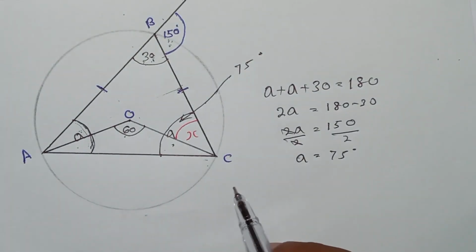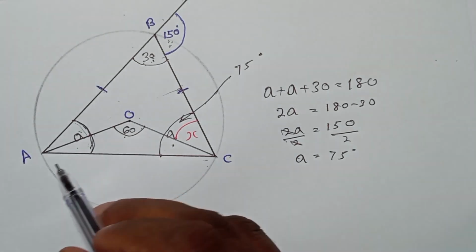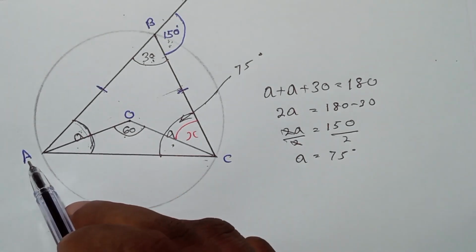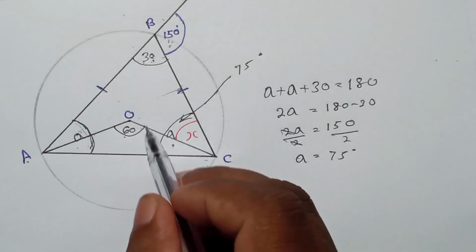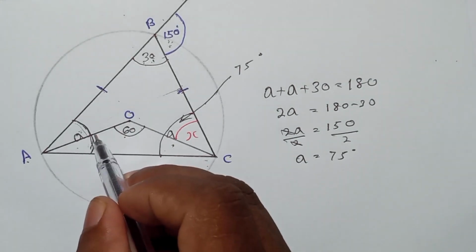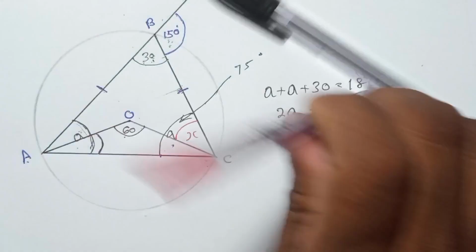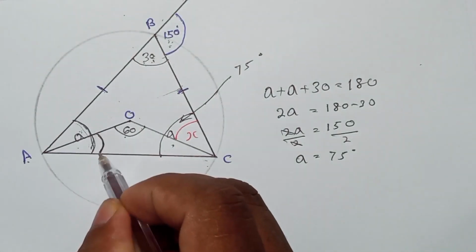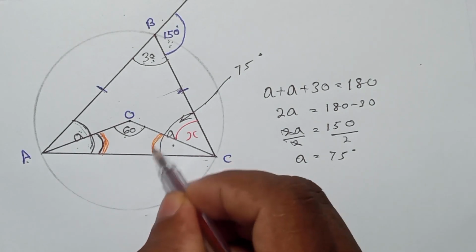Then again think like this: now we got here 60. Now I am talking about triangle AOC, here 60, right? That means this angle, in another color, this angle and this angle must be equal.